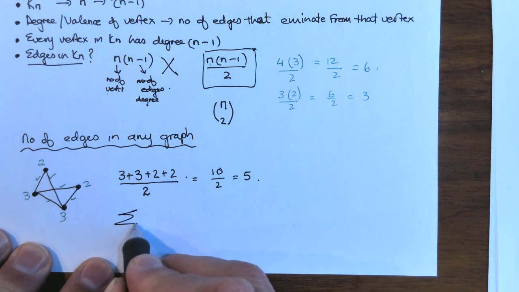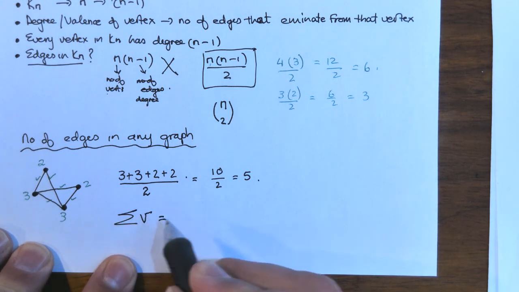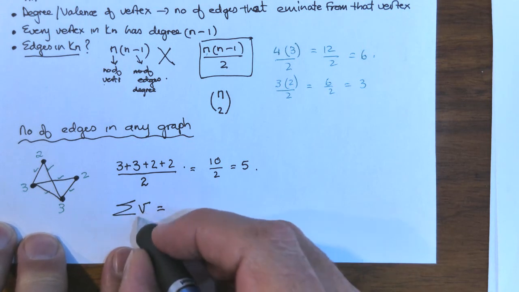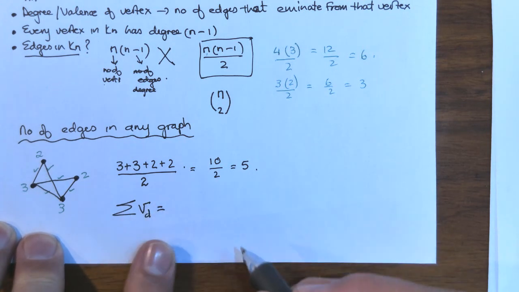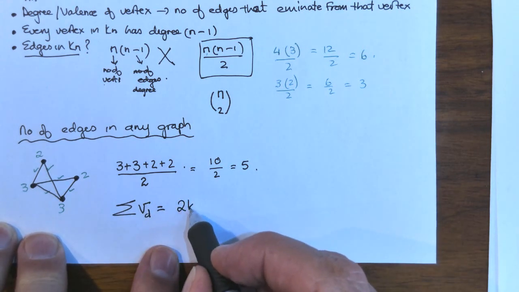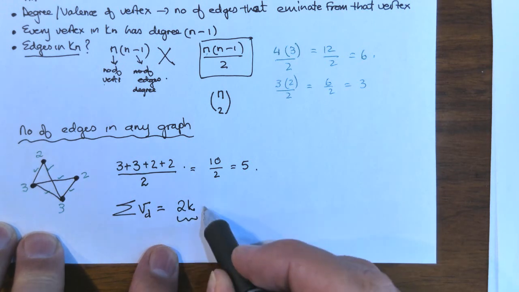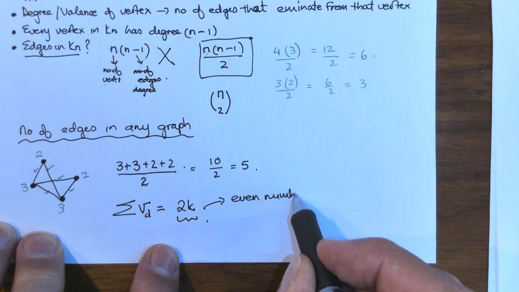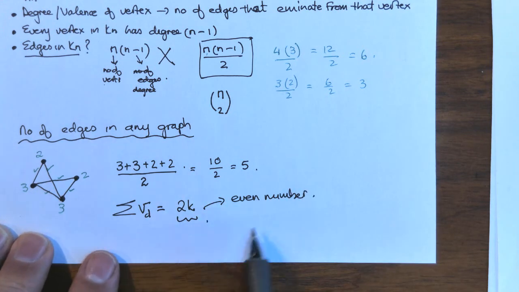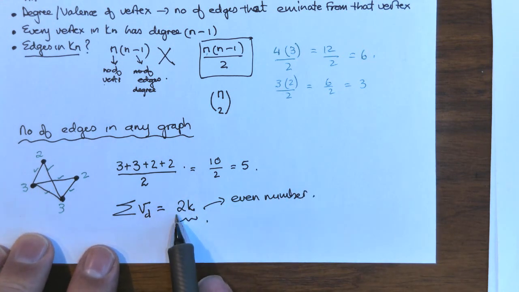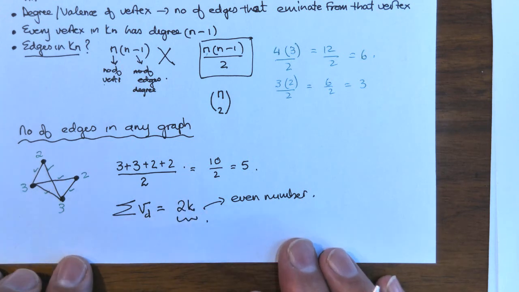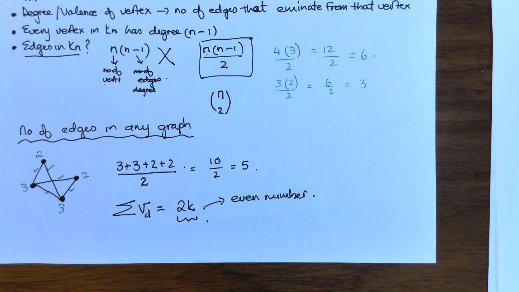So the sum of the vertex degrees will always take on that form. In other words, it will always be an even number. So how do we find the number of edges? We simply take that and we halve it, and that will give us the number of edges in this particular case.